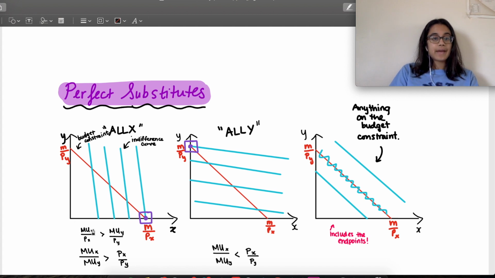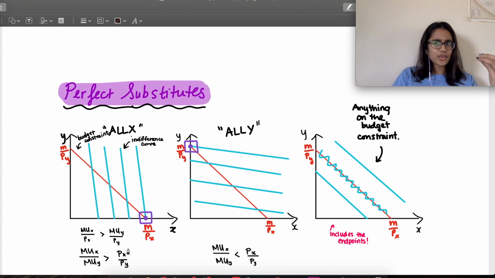MUX over PX is the marginal utility, the benefit you gain, per dollar from good X, because you're dividing by the price. And this is the same thing, the benefit you get from good Y.